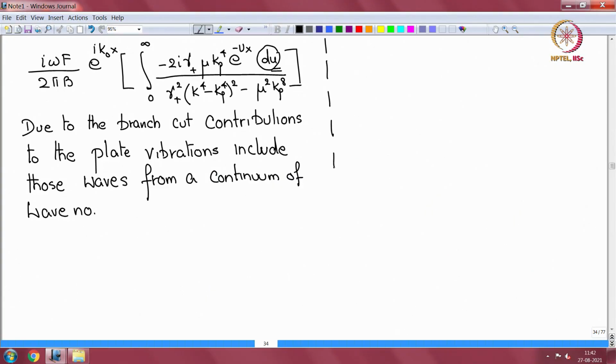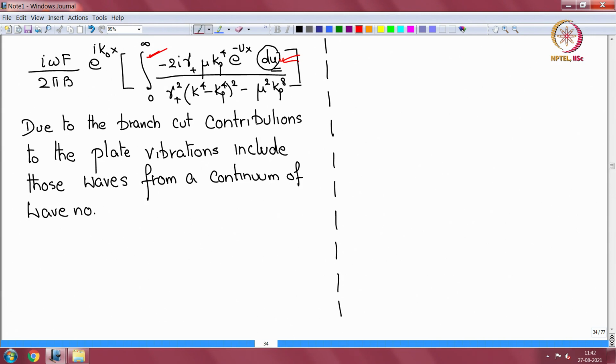We are doing the velocity field calculation using our branch cut contour. We reach this position where one part of the contribution to the velocity field of the plate is due to a continuous range, an integral over the wave number from 0 to infinity.